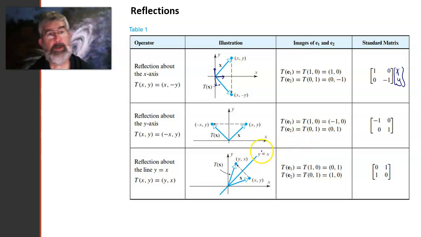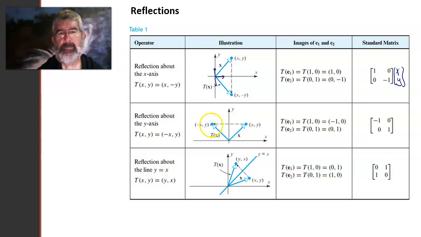Okay. Reflection across the y-axis would take this point (x, y) and reflect it this way. So it goes to (-x, y). In this case, (1, 0) gets reflected to (-1, 0), and (0, 1) doesn't move. So it's still (0, 1).